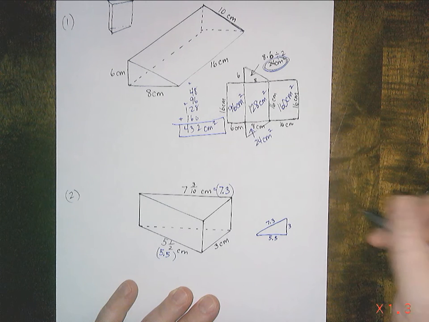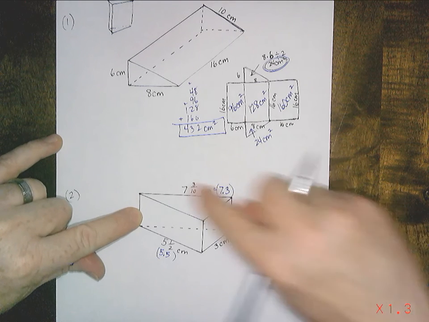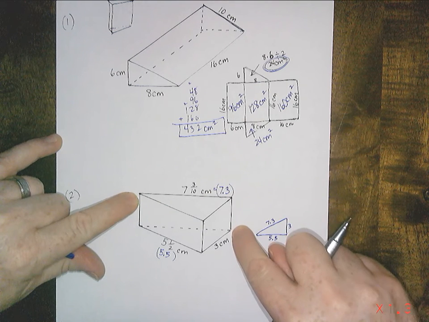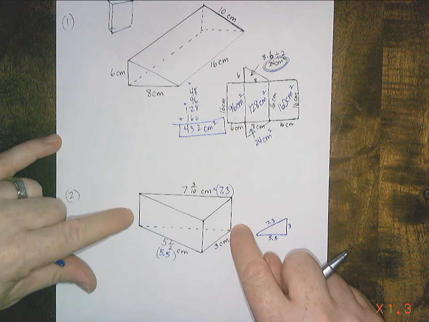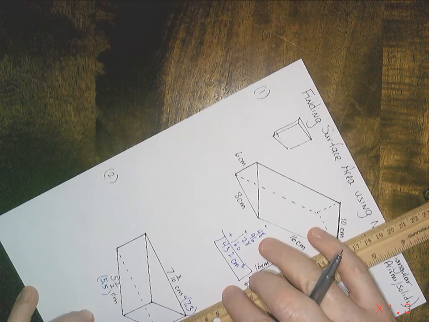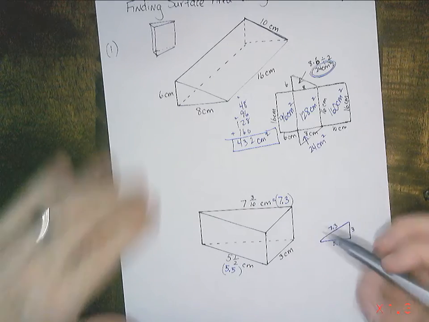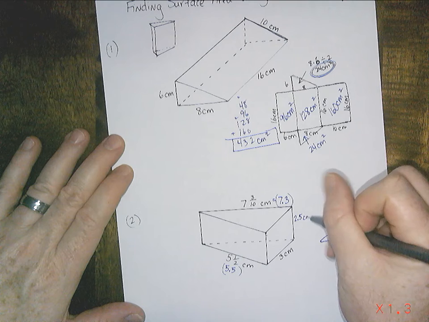And the 7.3, if you look, the back part of this is 7.3 by the height. The height on this one is, oh, I didn't do the height on this one, did I? I believe it's also 3. Let me double check. Oh, my bad, 2.5. That's close. The height on this one's 2.5 centimeters.